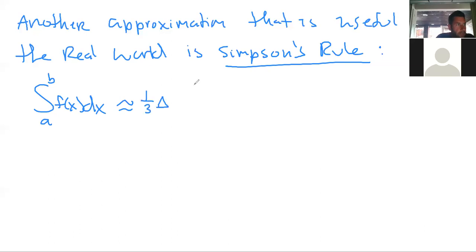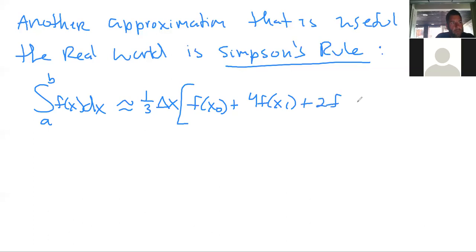1/3 dx, and then it's f evaluated at x sub 0 plus. Now this pattern's a little different. Instead of being 2's in the middle, it alternates between 4 and 2.